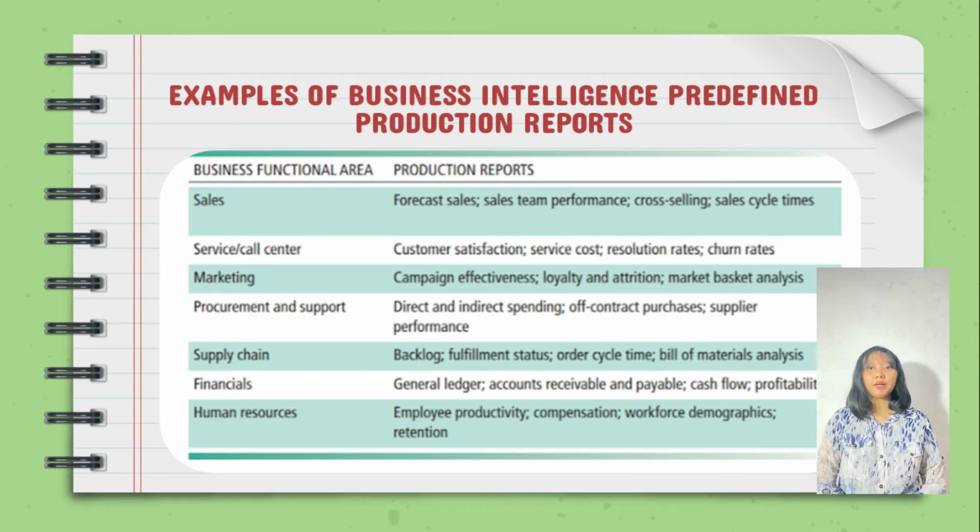In the functional area of procurement and support, they have to track direct and indirect spending. In the supply chain, they have to do bill of material analysis. In finance, they have to track cash flow. And the last is human resources. The production reports are employee productivity.